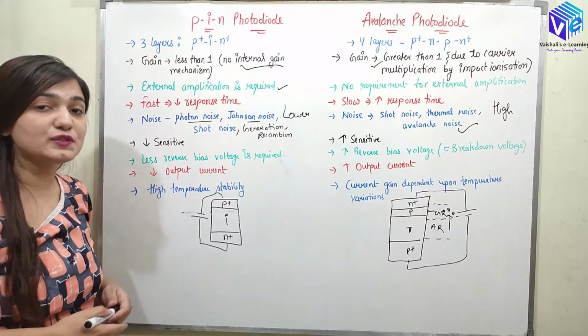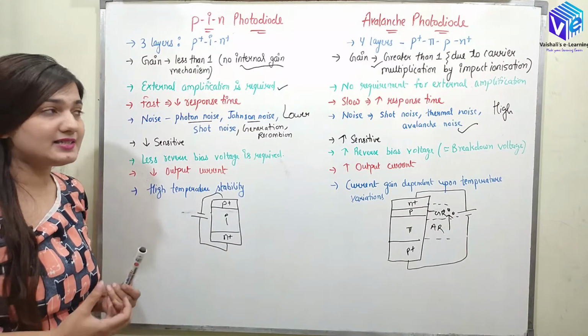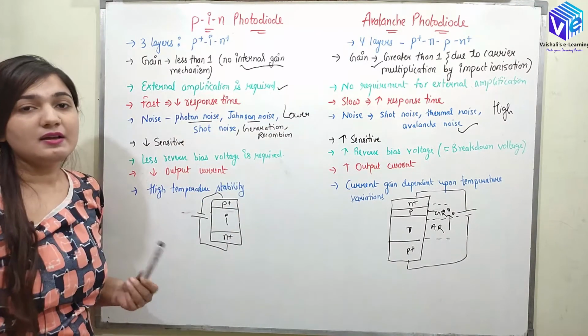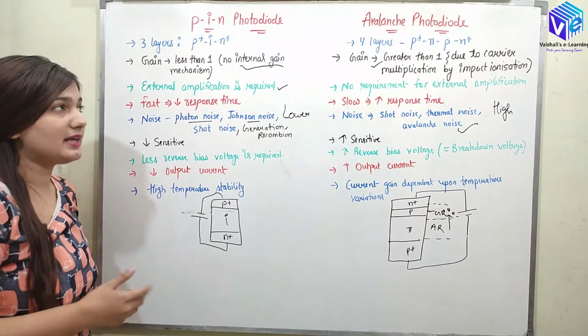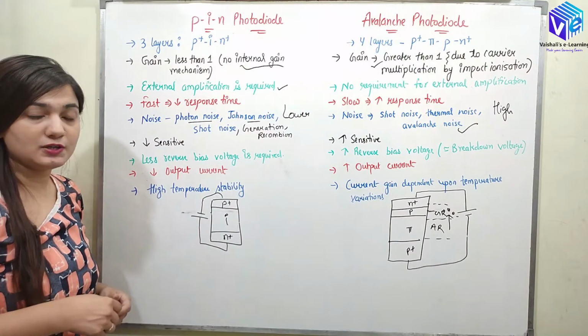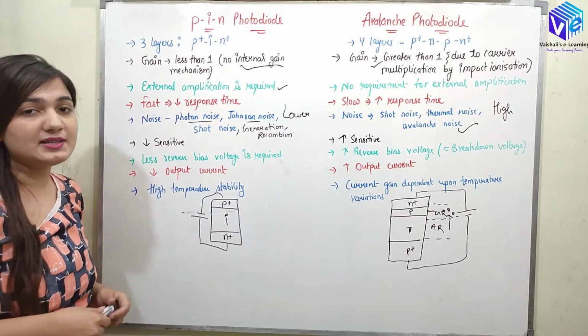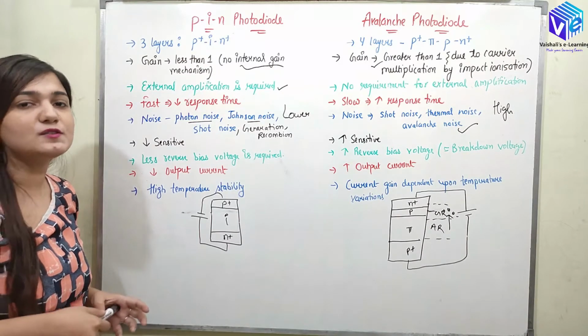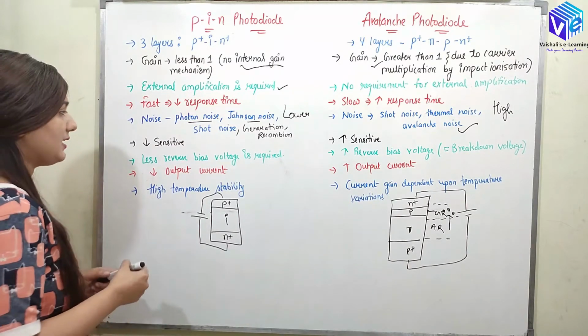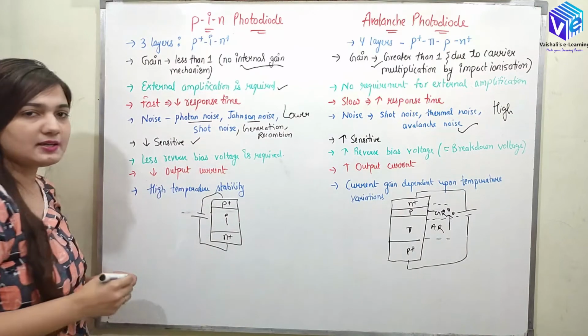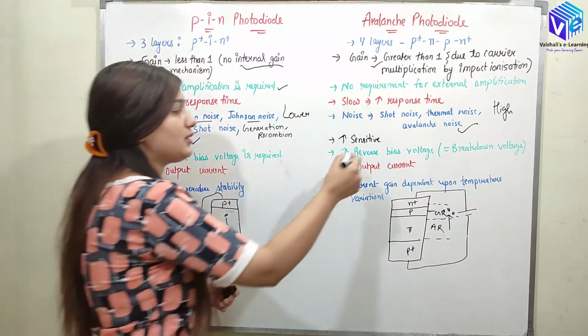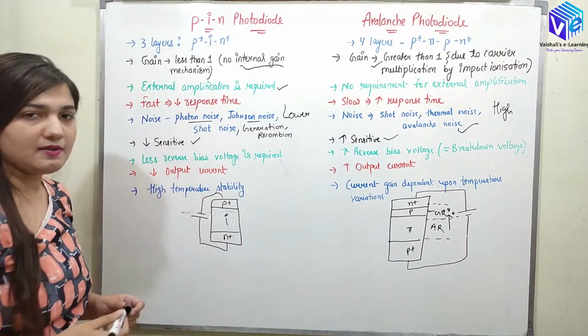So noise is also amplified. For that reason I will have highly degraded performance from the Avalanche photodetector if it is present in a noisy environment. Noise is also going to get multiplied. So here the sensitivity is less. The sensitivity of the Avalanche photodetector will be very high.